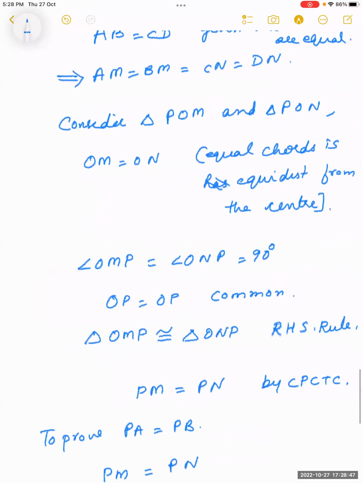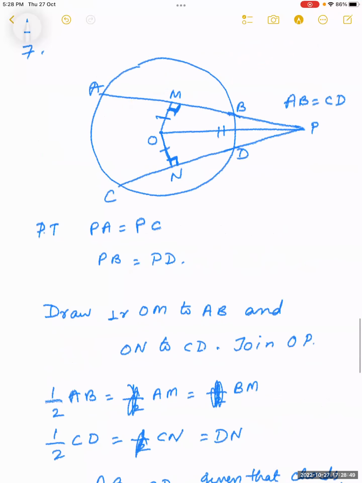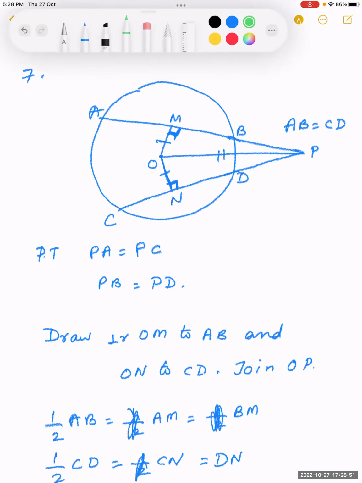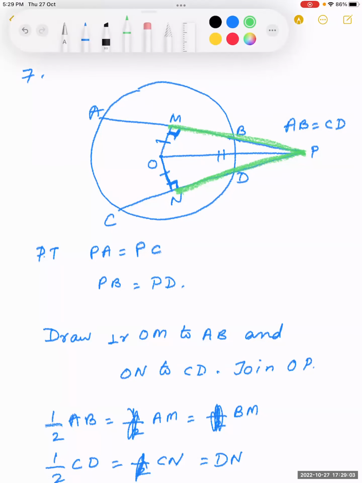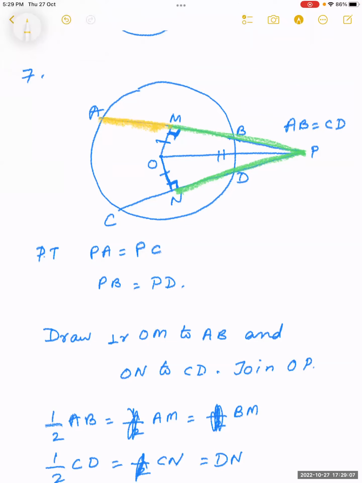So PM and PN are equal, as per CPCTC. Now, when I add AM, we know AM and CN are also equal.